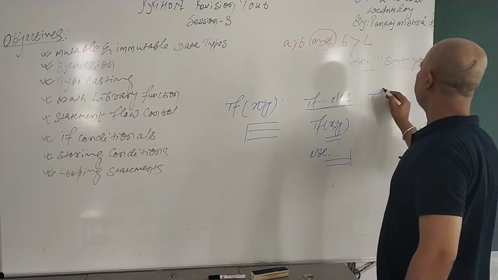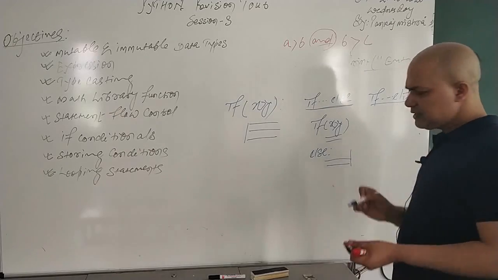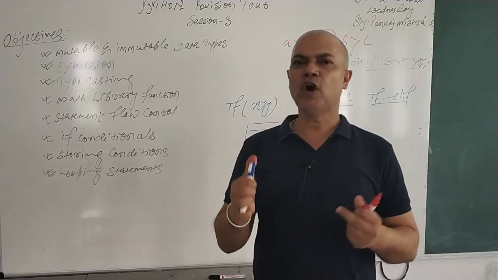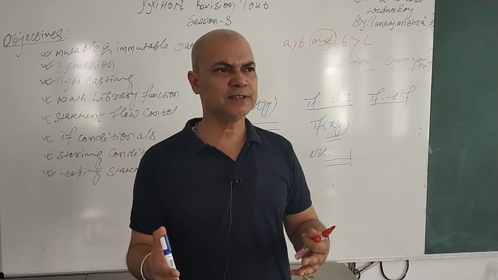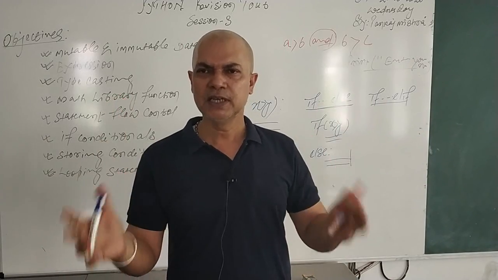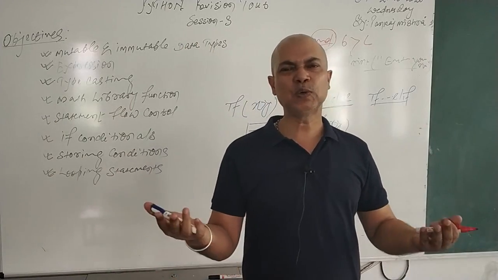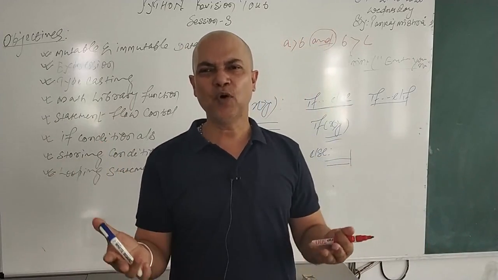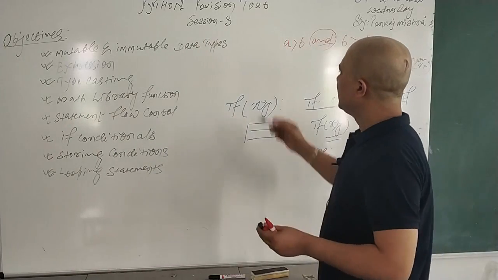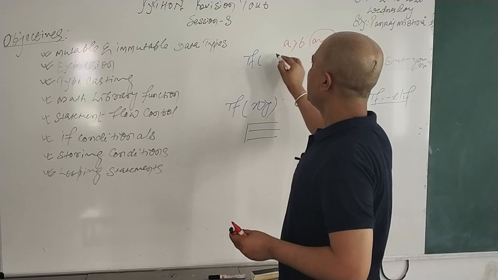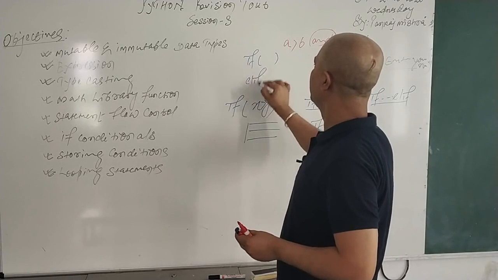Third is if, then elif. Now in this case, if I want to check a condition and the condition is false, simply the control goes to the else. But I don't want the control to go to the else. I want control to go to another condition. It means first if, then whatever condition you have, then you can say elif.